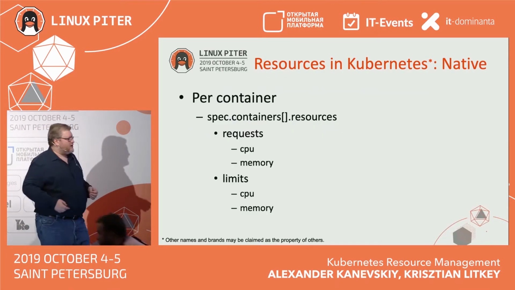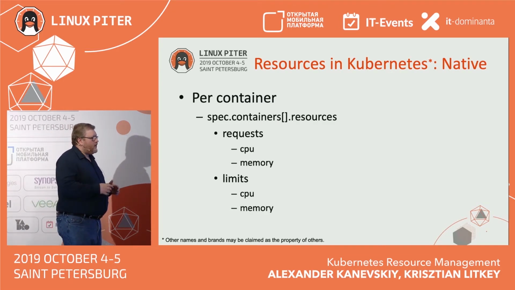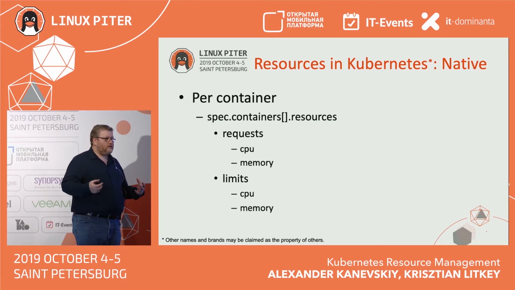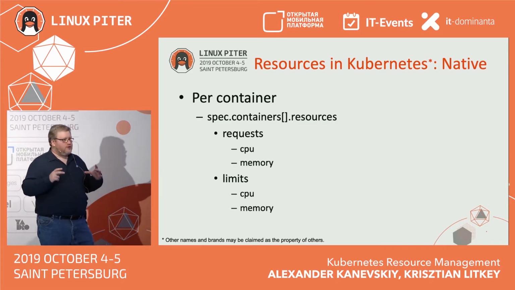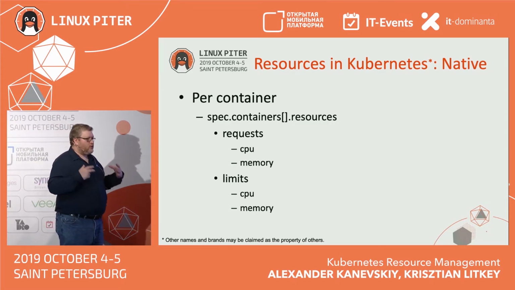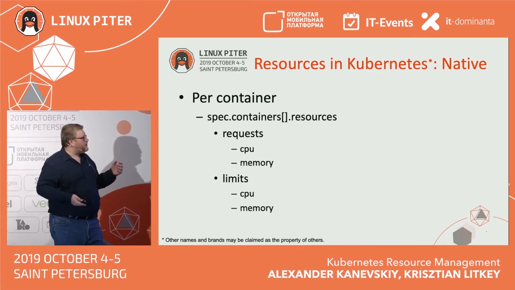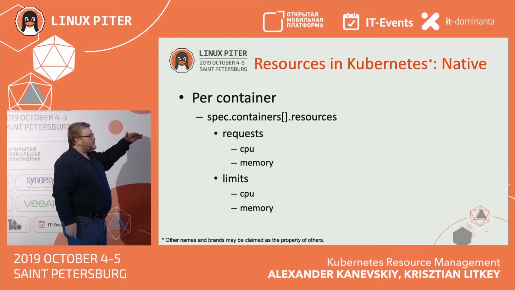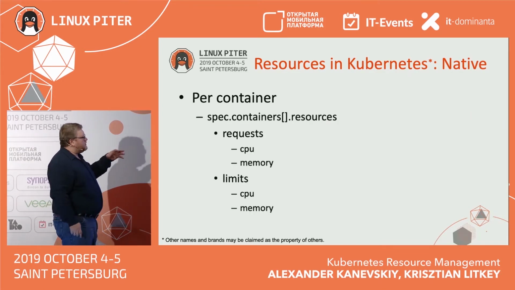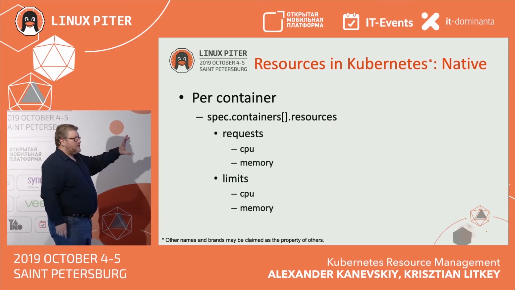So what does Kubernetes actually know? In Kubernetes, when you describe the workload, the minimum unit is the pod. A pod means one or more containers. And for each container, you have a section called resources. Inside those resources, you have request and limit.